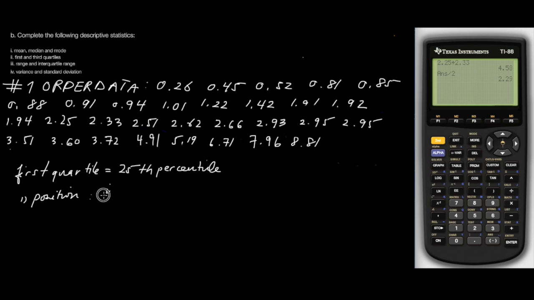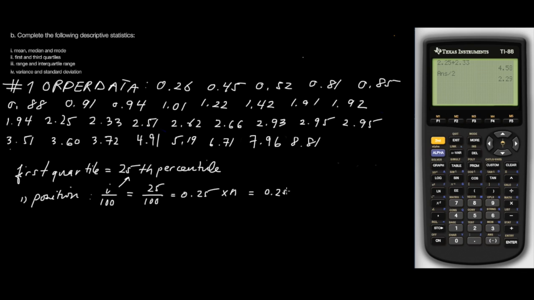So that is i divided by 100, where i represents the percentile. So that's 25 divided by 100, which equals 0.25. And we will multiply this 0.25 by our sample size in order to get our position.